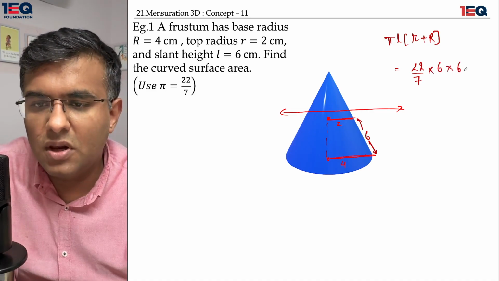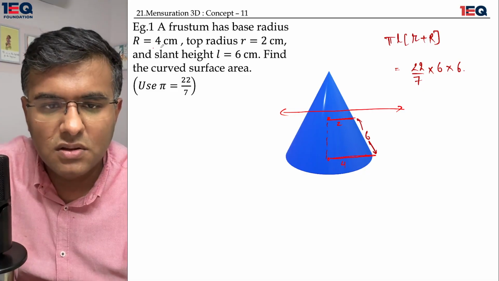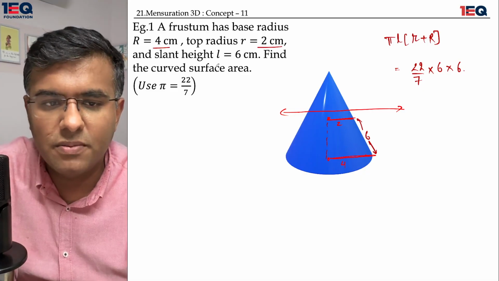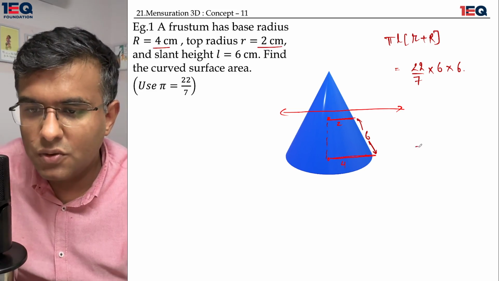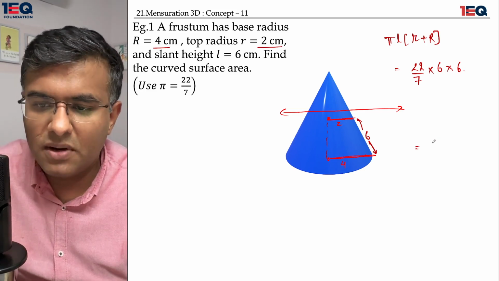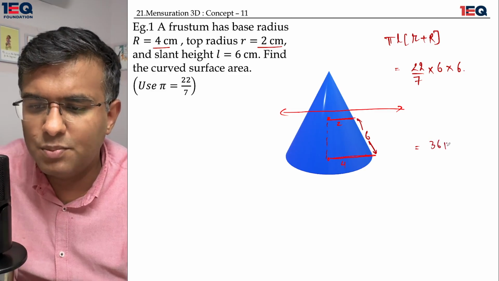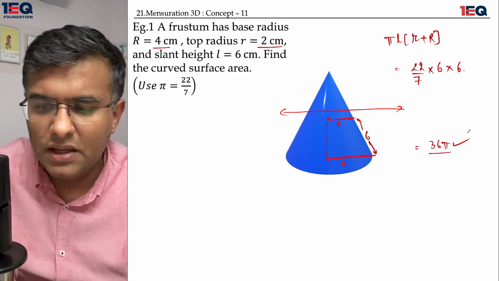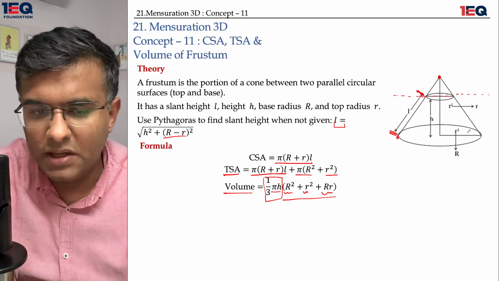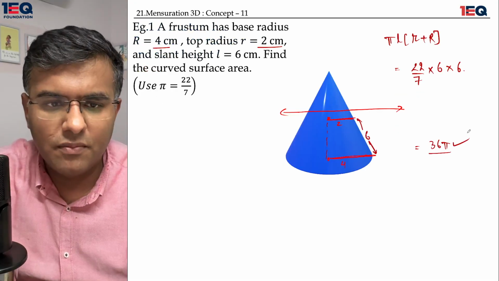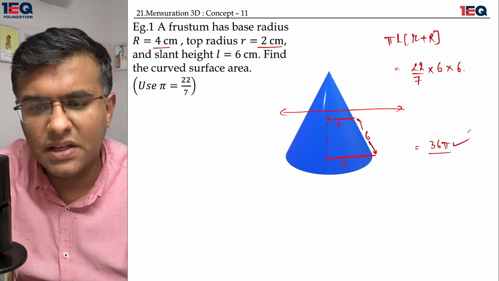Capital R plus small r also comes out to be 6. This is the base radius, top radius, slant height L. So 22 by 7 multiplied by 36. So 36 pi is basically my answer. Let me recheck the formula. Yes, we've used the right formula. They've asked us for the curved surface area, so this is it.